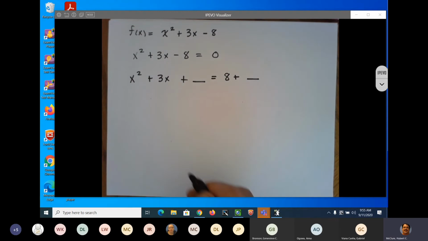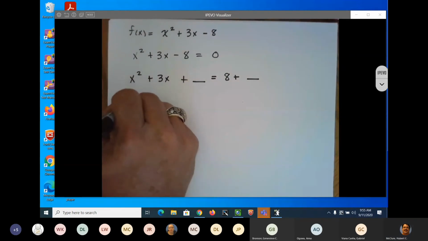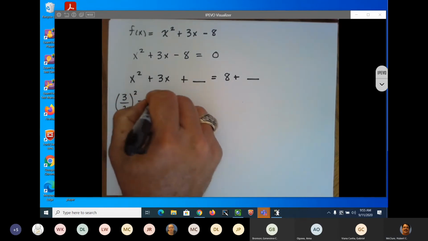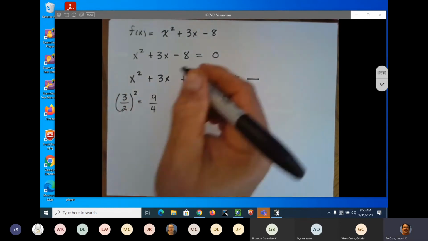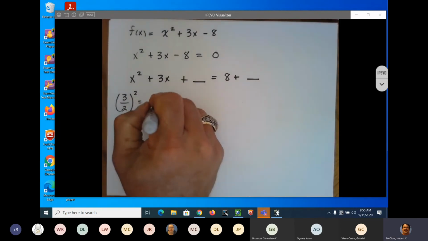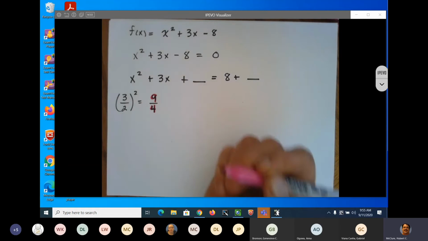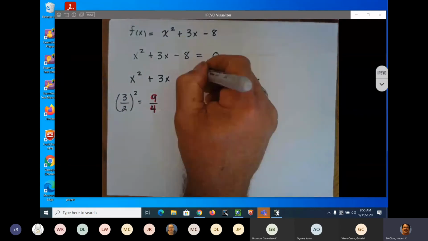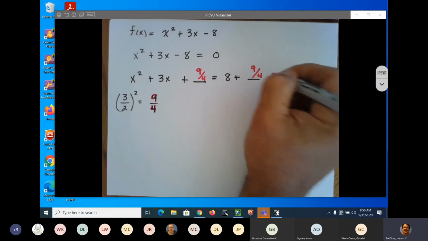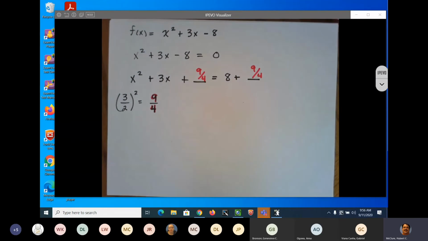Divide 3 by 2 and square it. And I'm going to color that magenta. And that's going to go here and here.